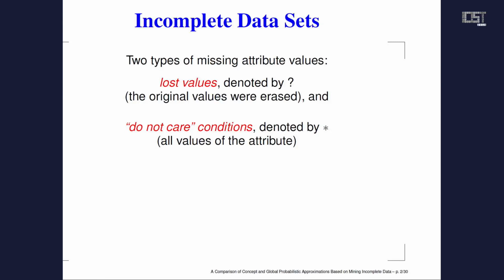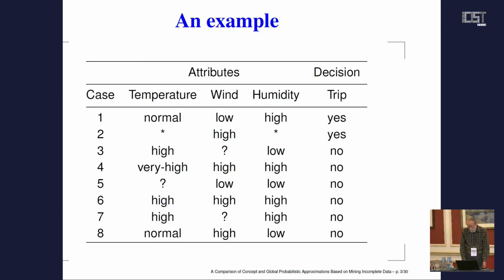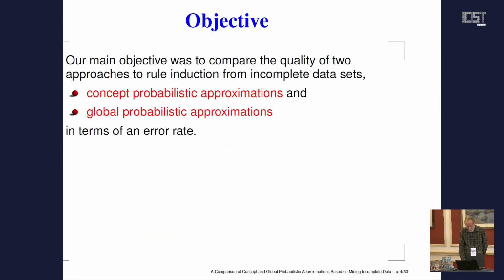For example, we are collecting some questionnaires, and some of the people refused to answer the question. The question was maybe not convenient. So this is an example of a little data set with both lost values, denoted by question marks, and don't care conditions, denoted by asterisks.